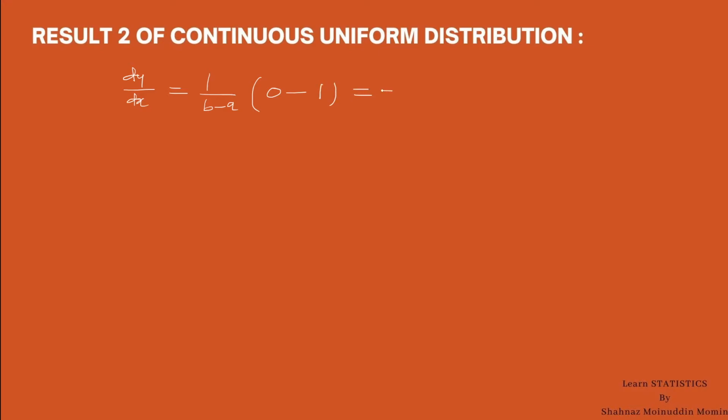So this is minus 1 by b minus a. Therefore dx by dy comes out to be minus (b minus a).